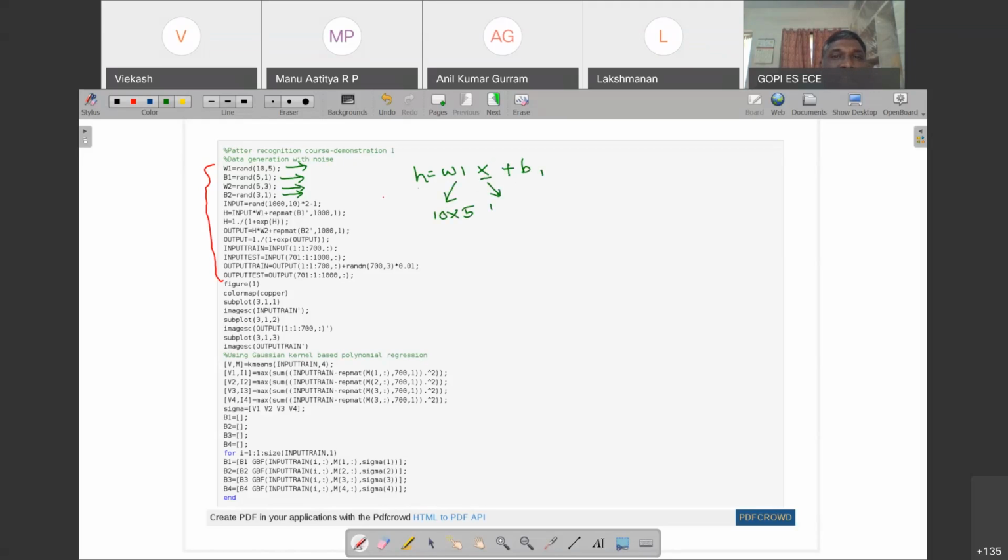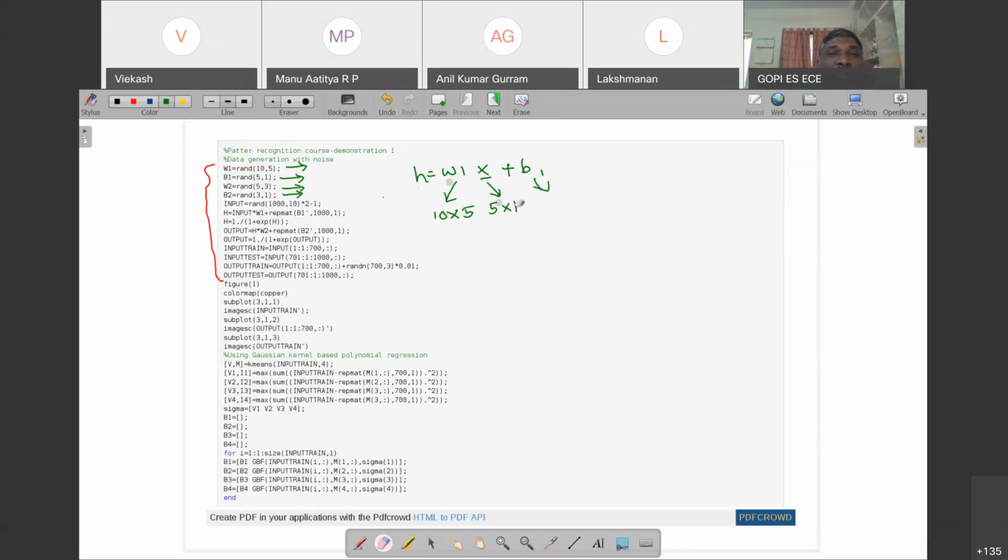of size 5 cross, and obviously this bias, right? Here in this case the bias is given as 5 cross 1, right? So it should be the other way around.